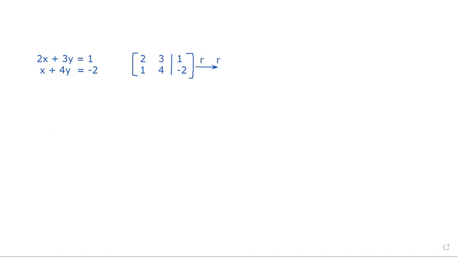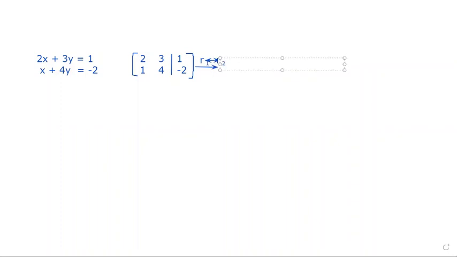I think that's the best thing that we should do. So I'll switch row 1 and row 2.